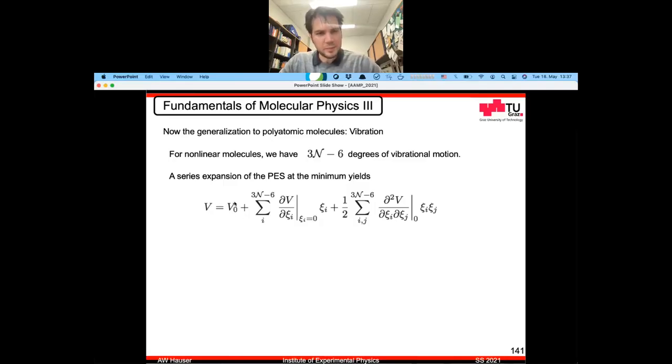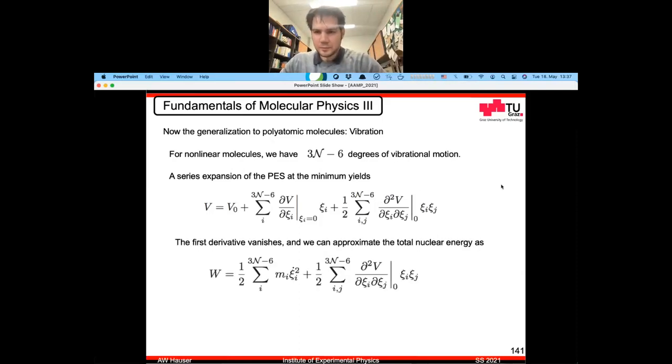So this is the value of the potential energy surface at the equilibrium. Then this would be variations first order. This would be second order. Here comes in the so-called Hessian matrix, the second derivative with respect to the internuclear displacements.